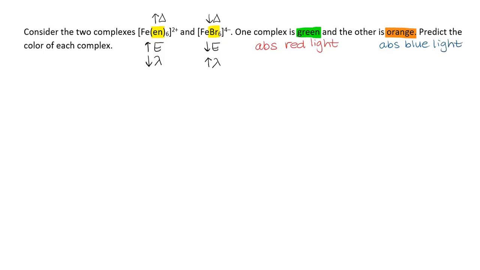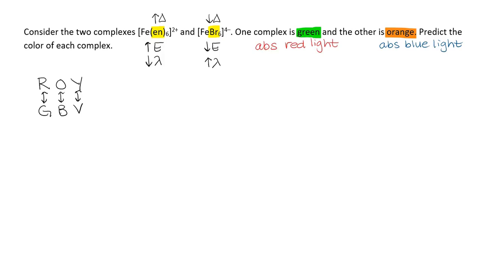And I can make those predictions fairly easily through my complementary colors and how they're related. So red is related to green, orange to blue, and yellow to violet. So you can connect color of light absorbed with color that the complex looks.